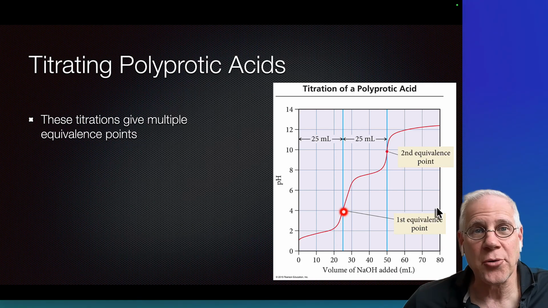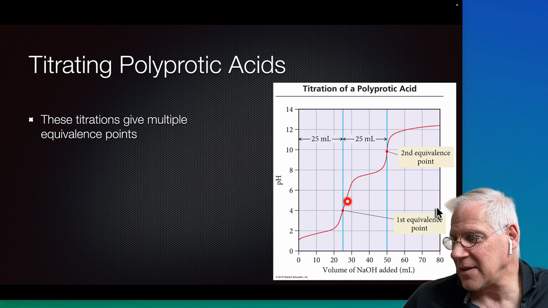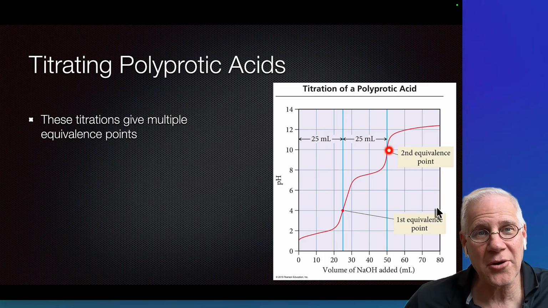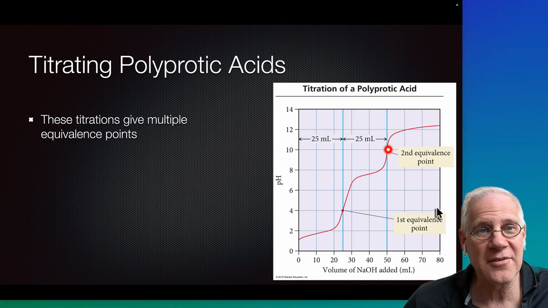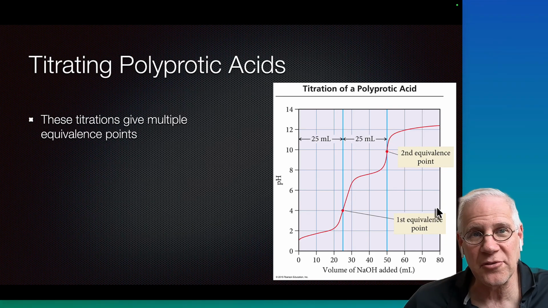Now, once you do that, you're going to produce the same number of millimoles of the second acidic species in there. And so you have to add the exact same amount of base to take off the second proton, because you have the exact same number of moles of the secondary acid in that polyprotic acid in order to reach the second equivalence point.